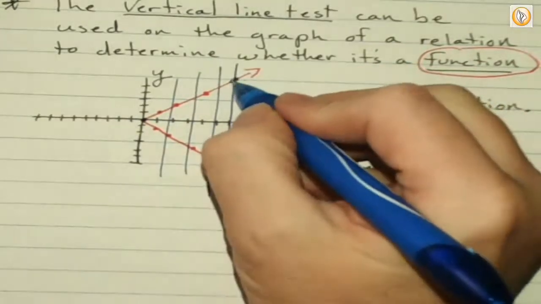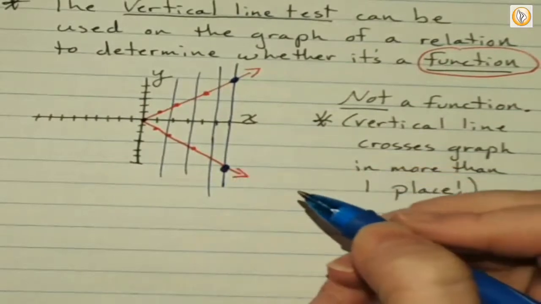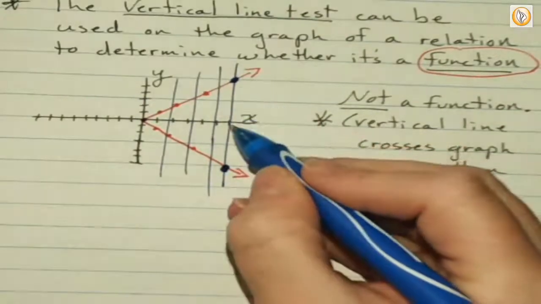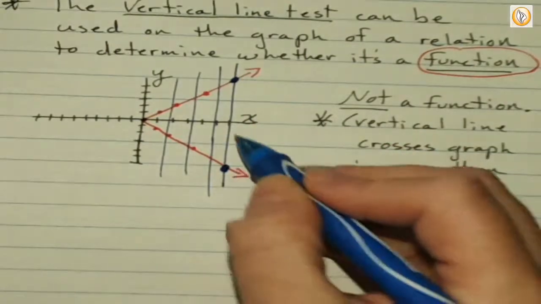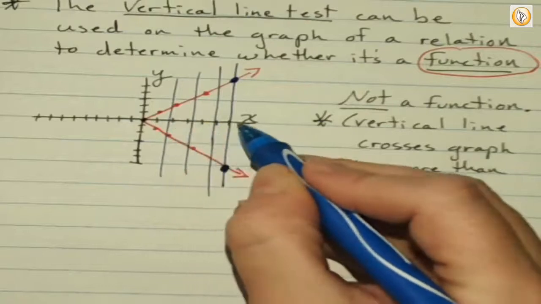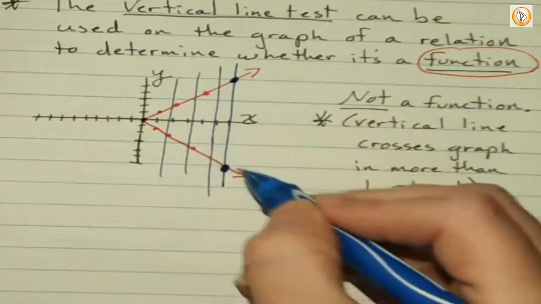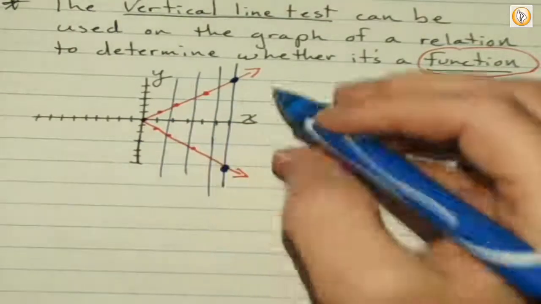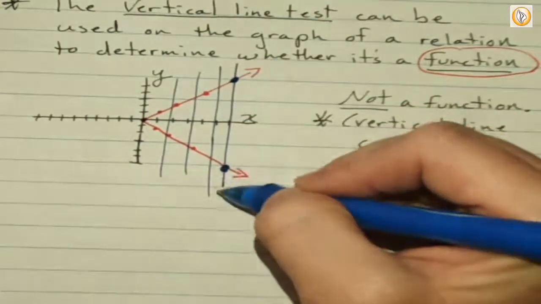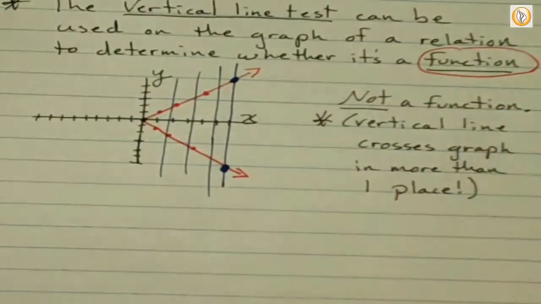Bingo. Here and here. I'll have students say 3 times. Here, here, and here. No, this is not your graph. That is your Cartesian plane. This, the red part, that's your graph. So my vertical line crossed my graph in 2 places, therefore it is not a function.